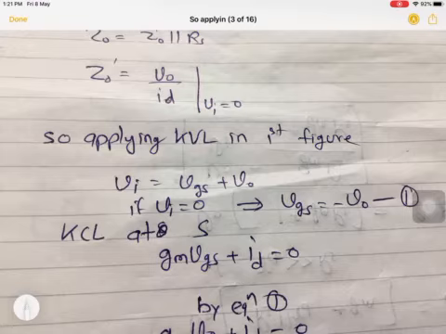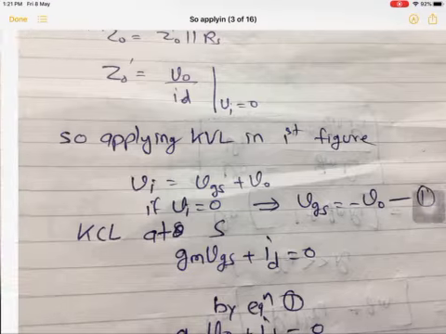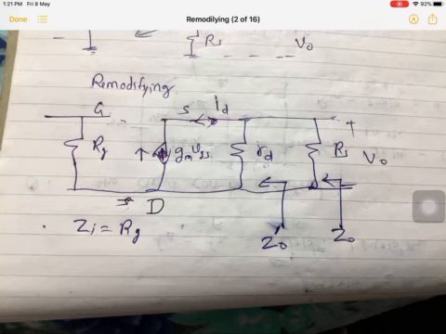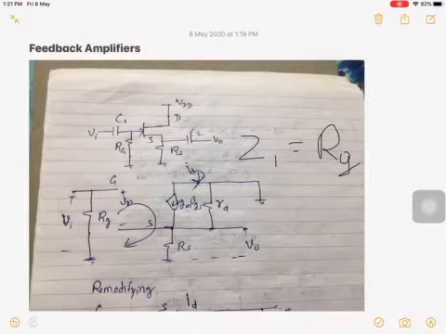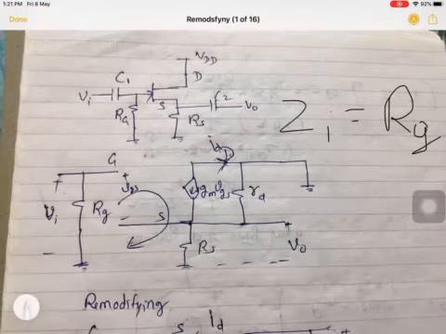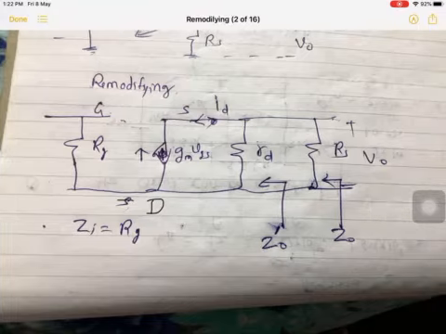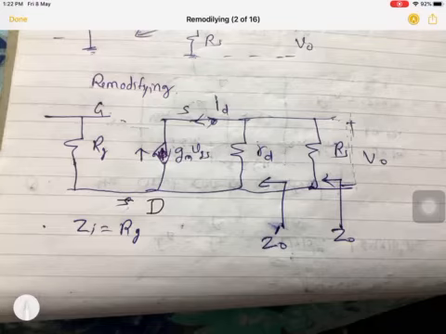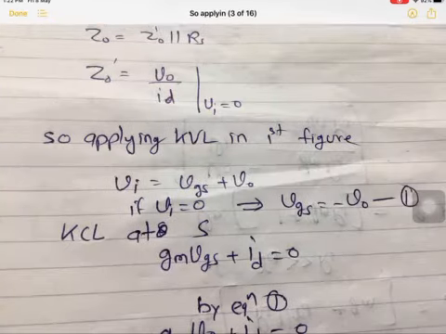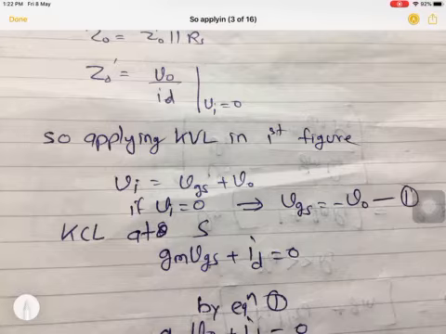Applying KVL in this figure, the input voltage Vi equals VGS plus V0.